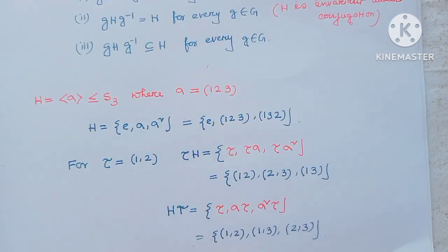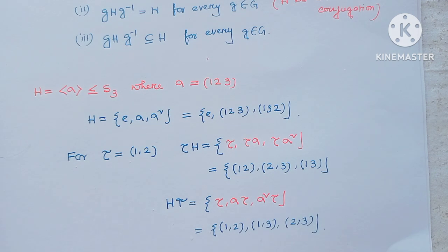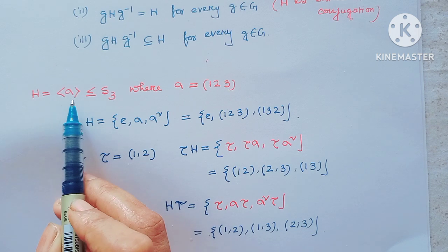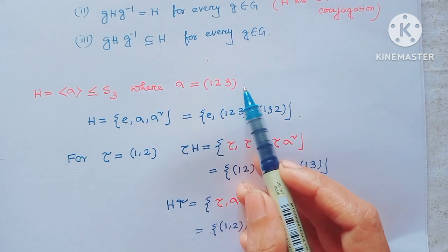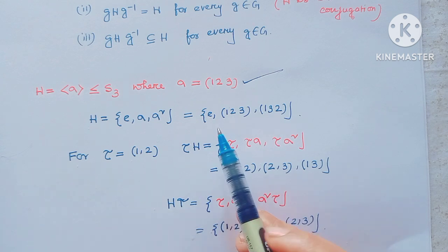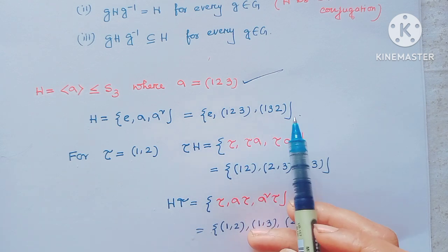As an example, in the permutation group S3, consider the subgroup A equal to the cyclic subgroup generated by sigma, where sigma equals the cycle (1 2 3). Then A is equal to identity, sigma and sigma square, which is the set containing the elements identity, (1 2 3) and (1 3 2).